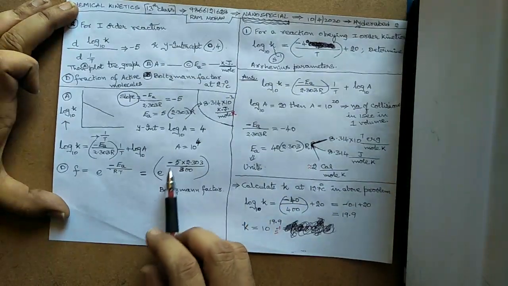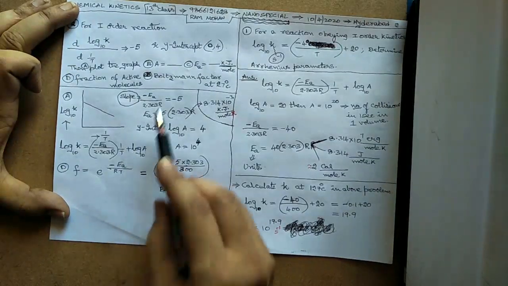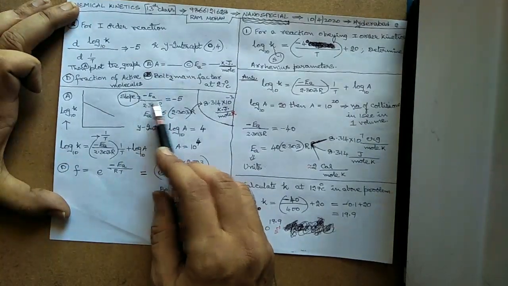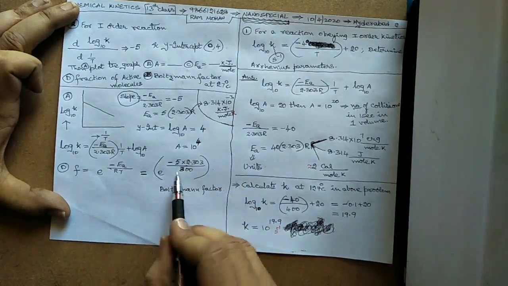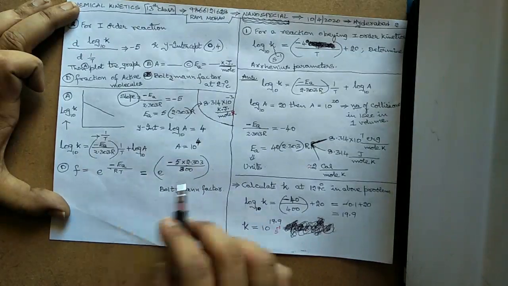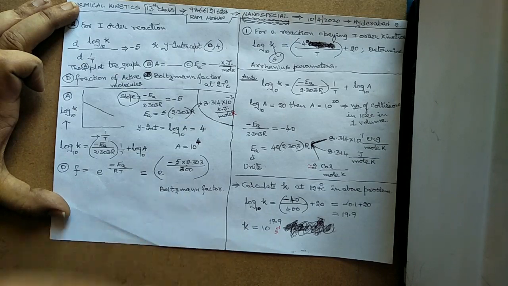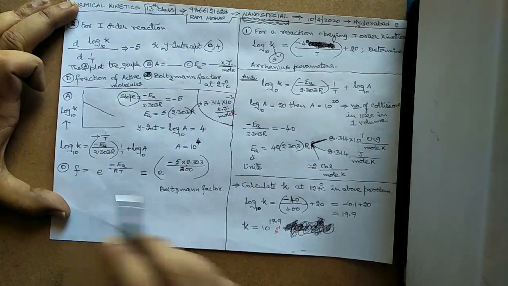So e to the power minus, what is activation energy? Ea by R. Now I'll substitute Ea by R directly from here, as 5 into 2.303, 5 into 2.303 by T, T as 300. Simplify this, or else apply log on both sides, get this value in a simplified way, and then find the anti-log of that, so that log F will change itself into F. F will give you this answer.